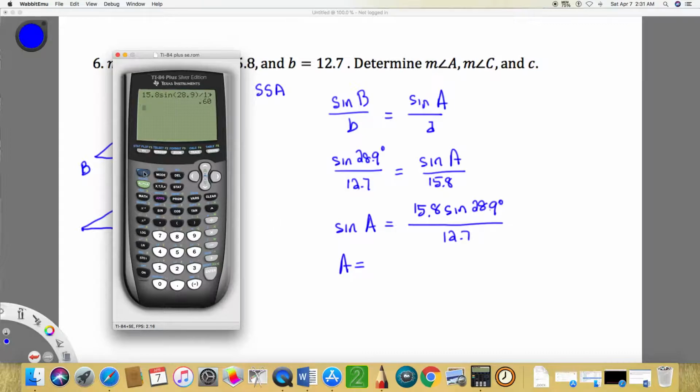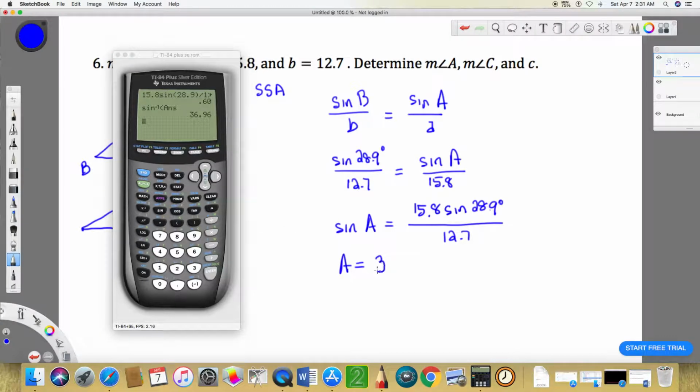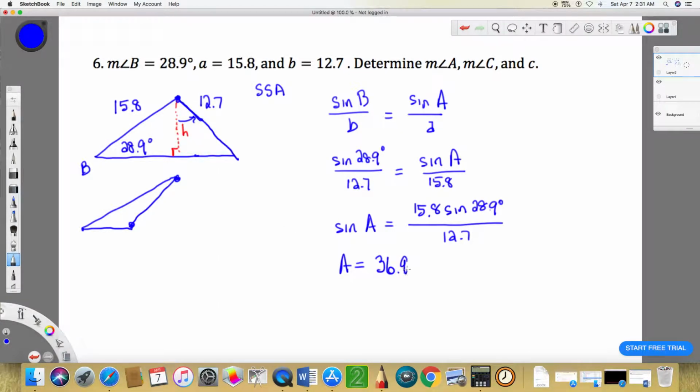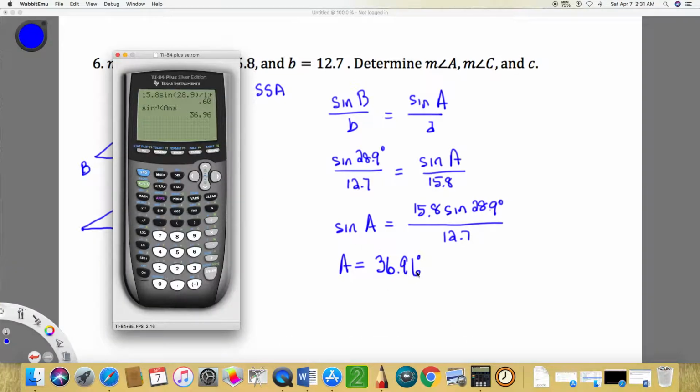There's our ratio. If we take the inverse sine, I'm getting 36.96 degrees. Now, we know that's a quadrant 1 angle, and that we're going to be able to find a quadrant 2 angle in just a minute, and that's going to be for our second triangle.